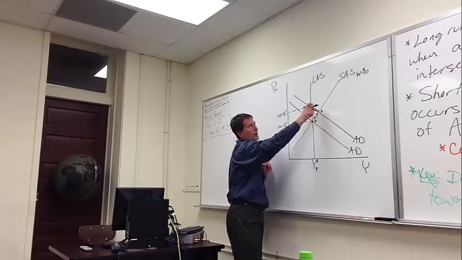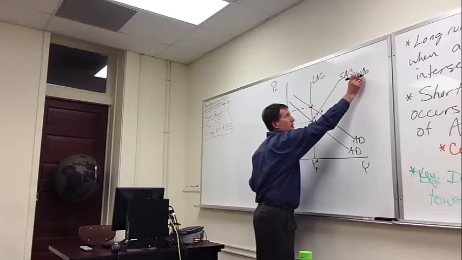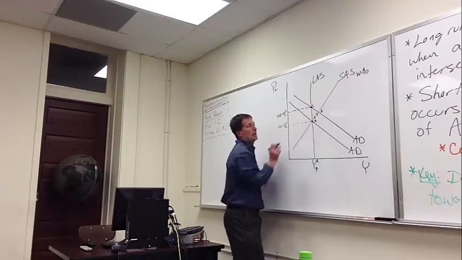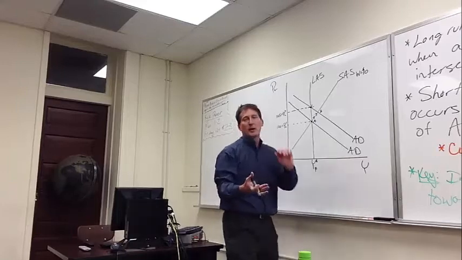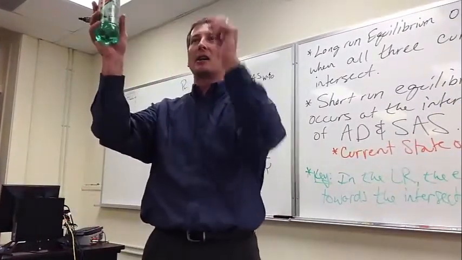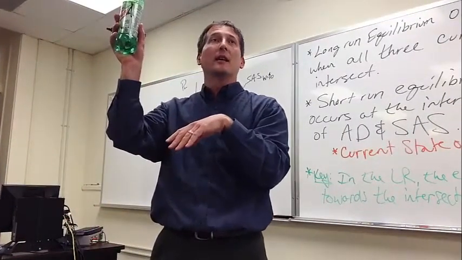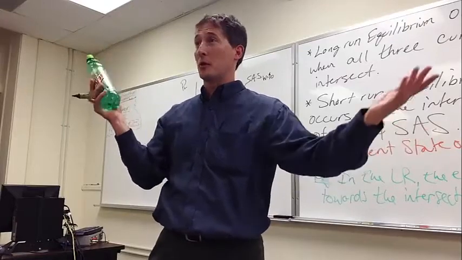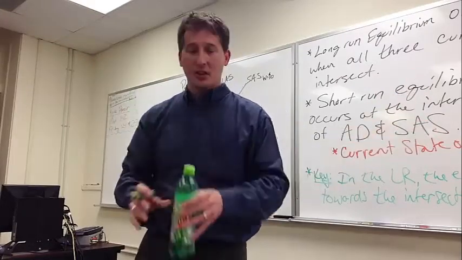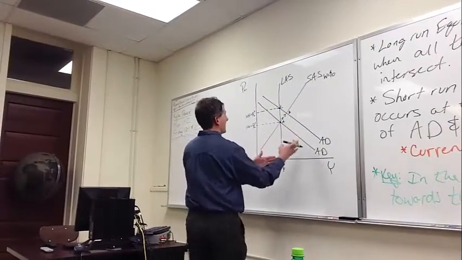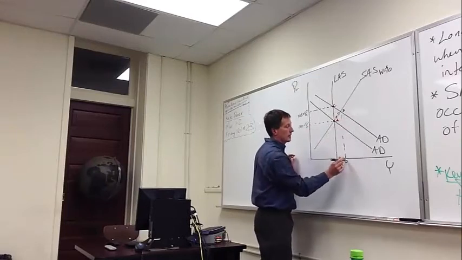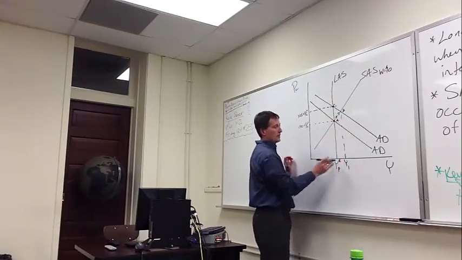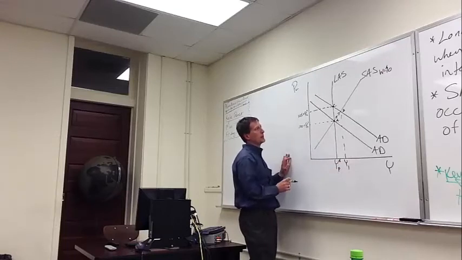Because in the short run, resource prices remain fixed at 10, which works to the benefit of businesses. They're getting higher prices. The Pepsi company is getting higher prices for the product, but they're not paying their workers any more money. So they're making extra money, right? That's a good thing for them. So how do they respond to that? Well, they make more soda. And so that's what pushes us out to this output level that's greater than where we were at.